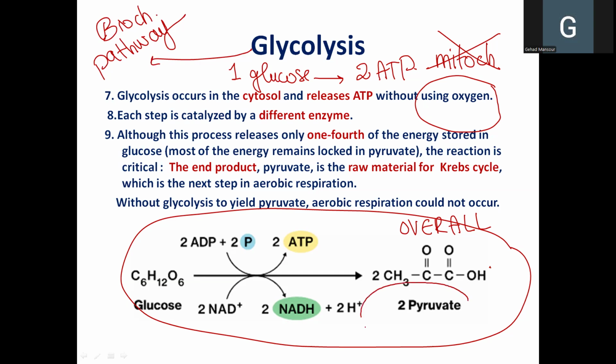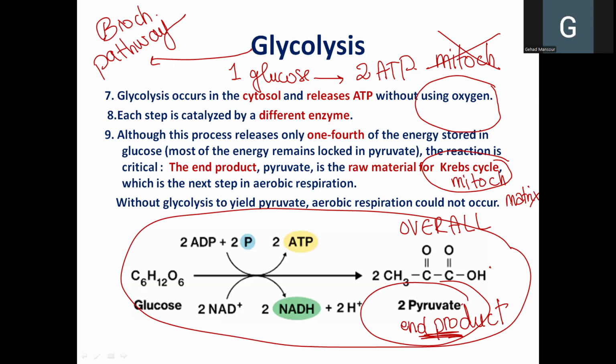This means that most of the energy of glucose is locked in the pyruvate molecule, and therefore pyruvate, which is the end product of glycolysis, not of respiration as a whole, still has a lot of energy, and therefore it has to join another biochemical pathway inside the mitochondrion. In which part? In the matrix of the mitochondrion, so that it gets further oxidized and releases further energy.